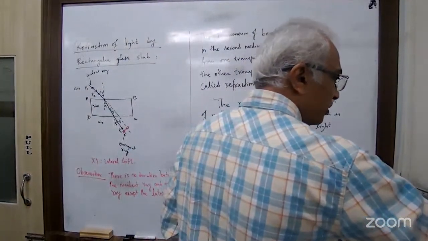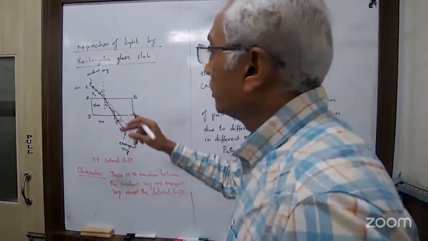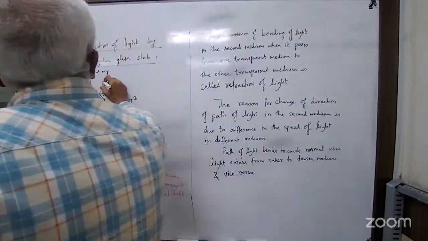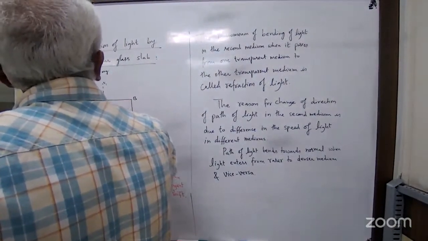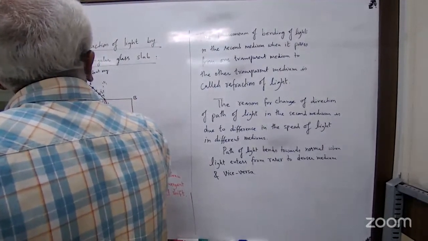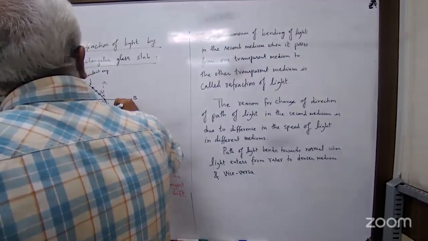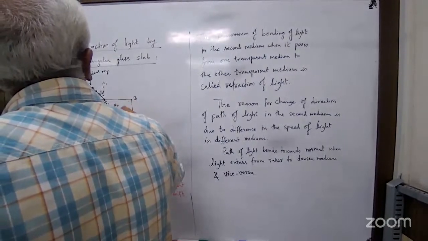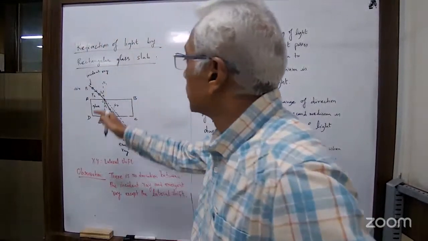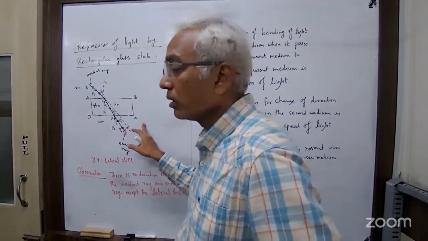Can it be geometrically proven? So let us say this is N1, this is O, this is N1 dash, this is O dash, and this you can take N2, N2 dash. So this is a rectangular glass slab, so AB is parallel to DC, right?